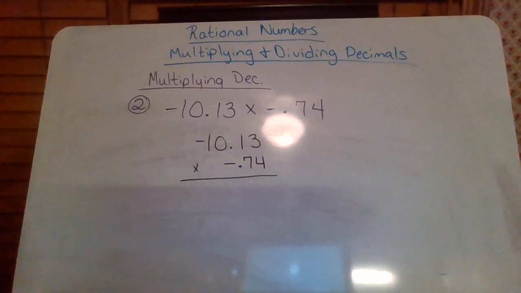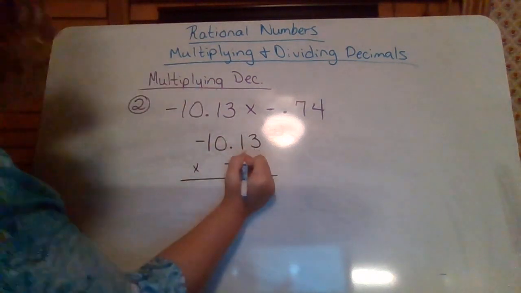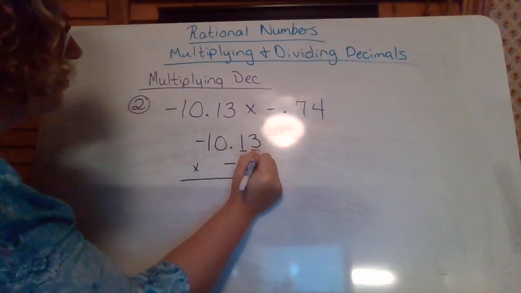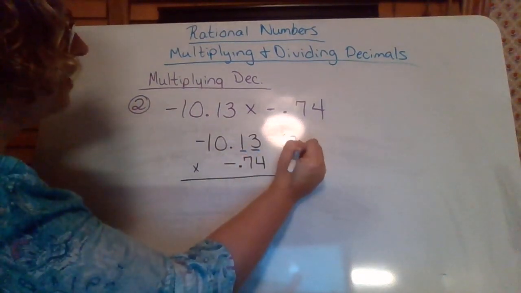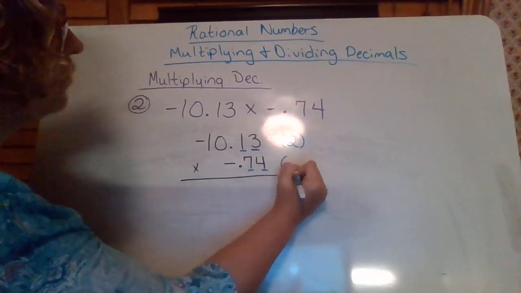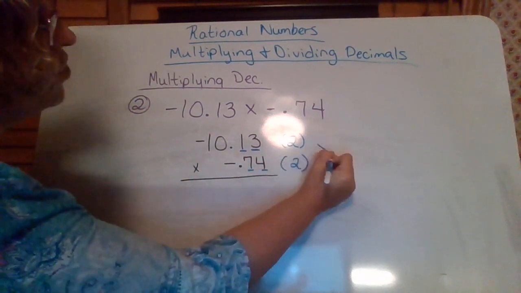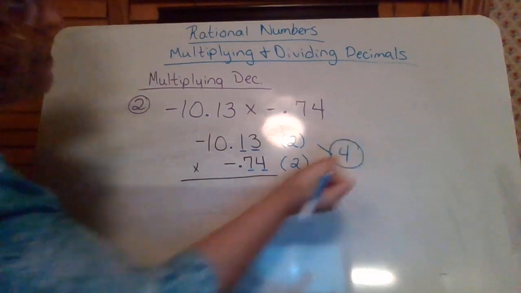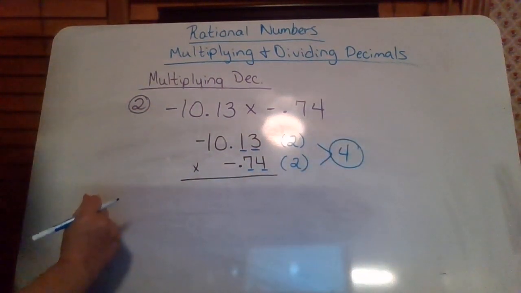Okay, before I do anything, I'm looking at my decimal places because I don't want to forget about them. Here's 1 after, here's 2 after. So I've got 2 here. Here's 1 after the decimal, 2 after the decimal. So I've got 2 here. So all together, I'm looking at 4 decimal places at the end.